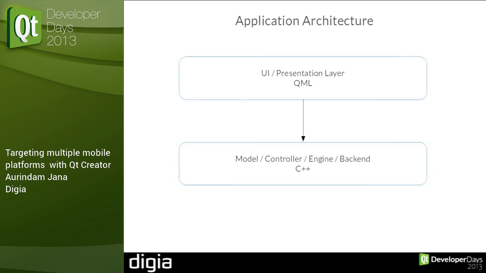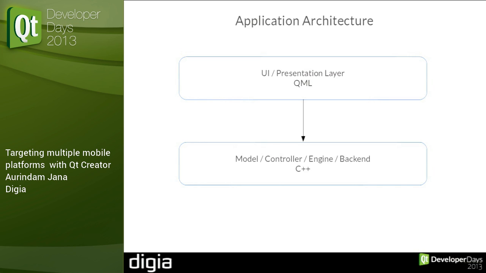QML should be aware of C++, not the other way around. There are reasons for it. The first reason is that if you do it the other way around, you can pretty much go into spaghetti code. Keeping the model and the controller in C++ enables you to have unit test cases. You can use the QTest framework and write unit tests for testing your backend.